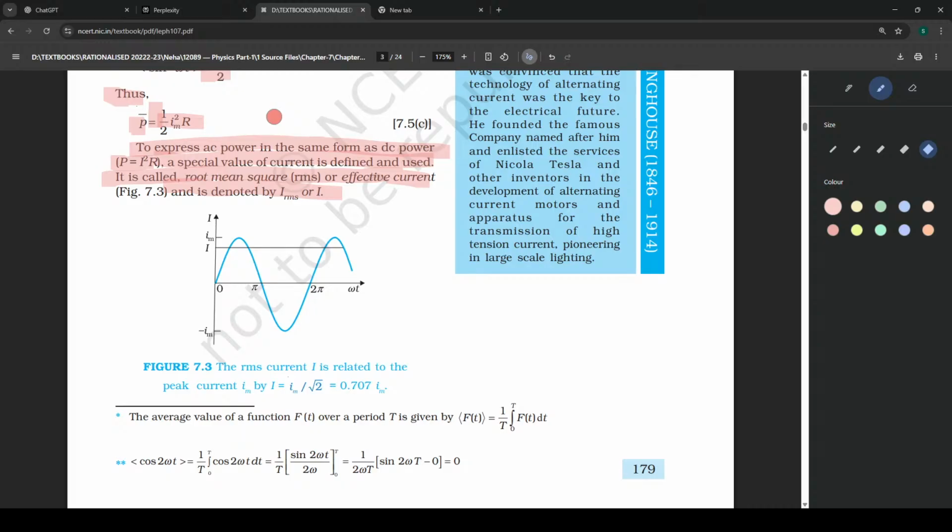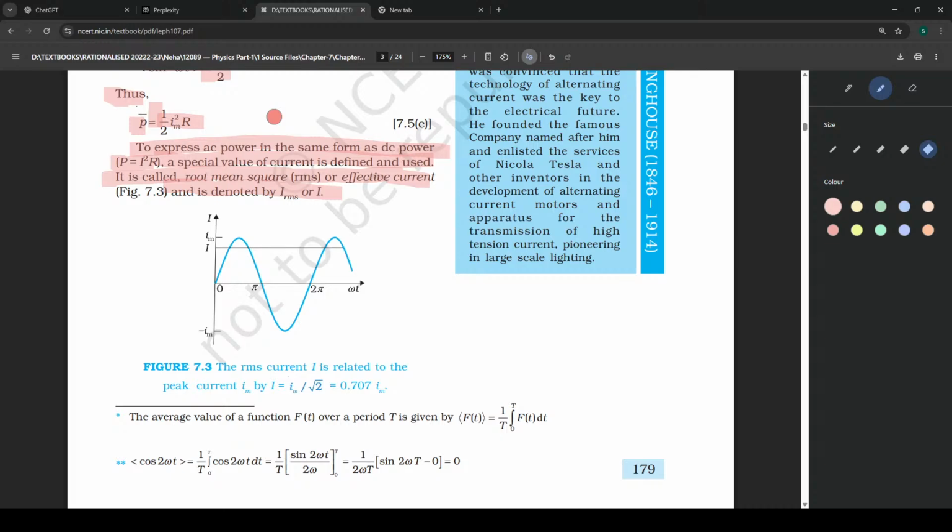If we want to express power dissipated, energy dissipated, or whatever it might be, we need to understand AC power in terms of DC power, so it is easier and better that way. Because of this need, we define a specific root mean square value, that is the RMS value, IRMS.